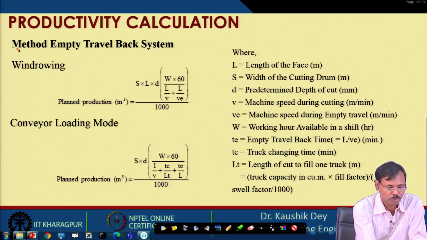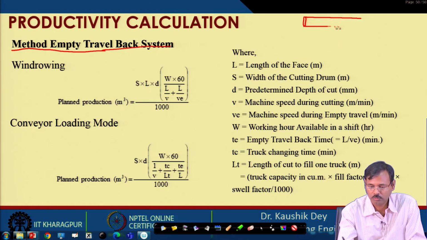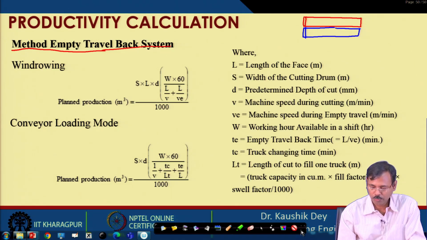So, let us look into the first one, the empty travel back method, and this method is easily understood. What is the requirement?